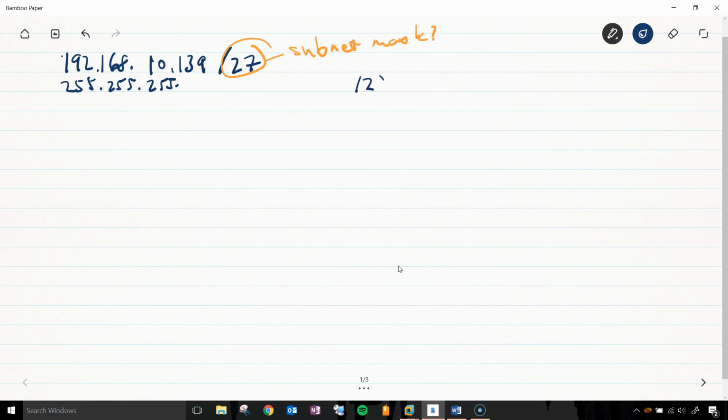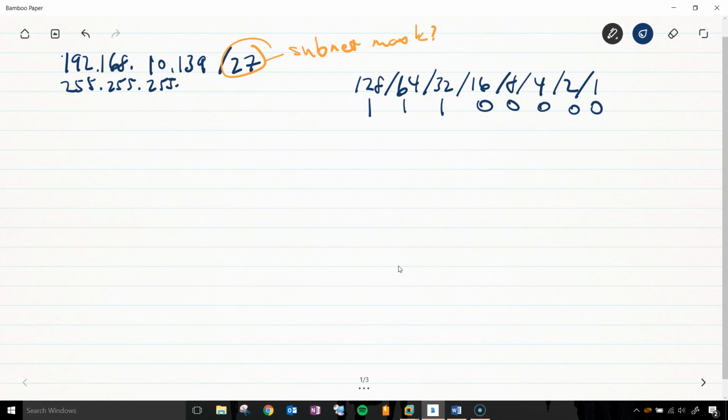So let's do this. We want to convert binary to decimal. And we know these have 8 bits per octet, so 8, 16, 24, 25, 26, 27 to make the /27. The rest of the bits are off.